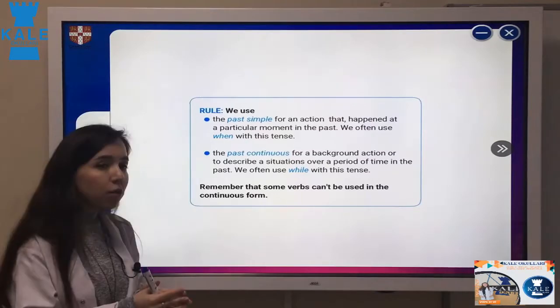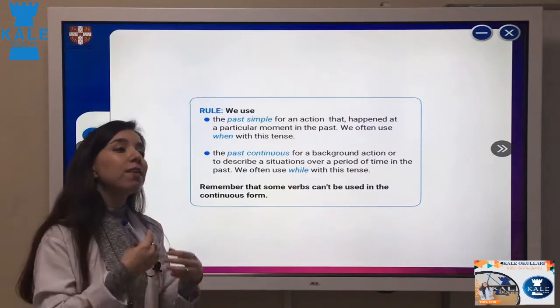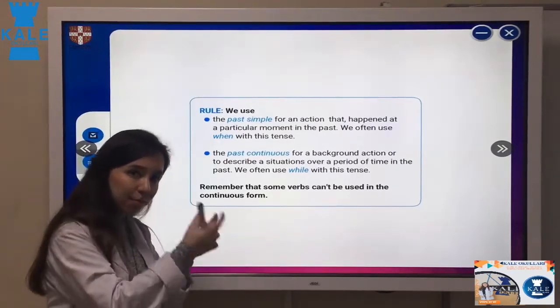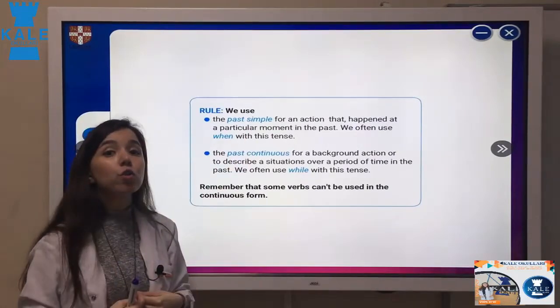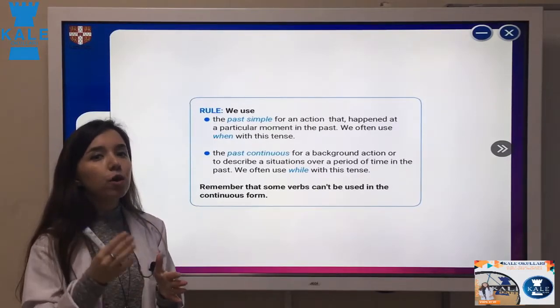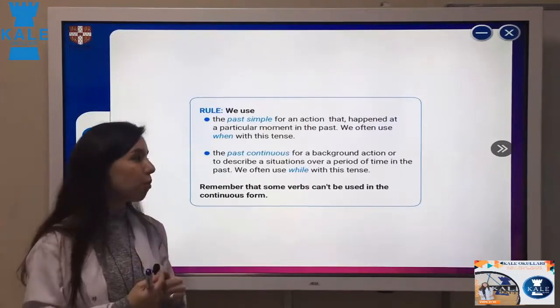So, now what do you understand? You understood that for past simple, we use it when the action is at the particular moment, at the exact moment in the past, and it's finished. We use past simple, and I also told you about regular and irregular verbs. Some verbs are regular and just add ed, some verbs are irregular and just change the form of the verb.